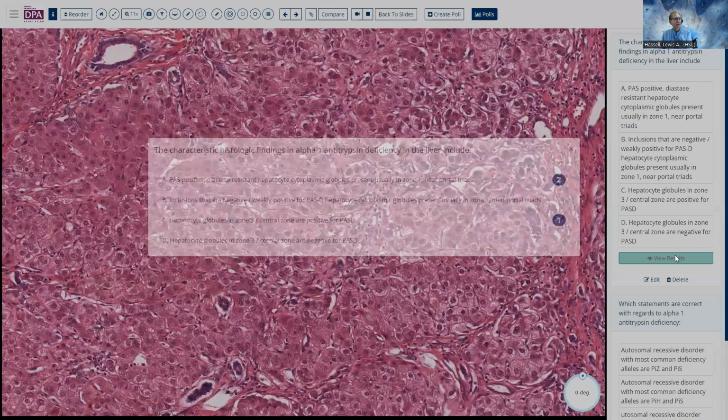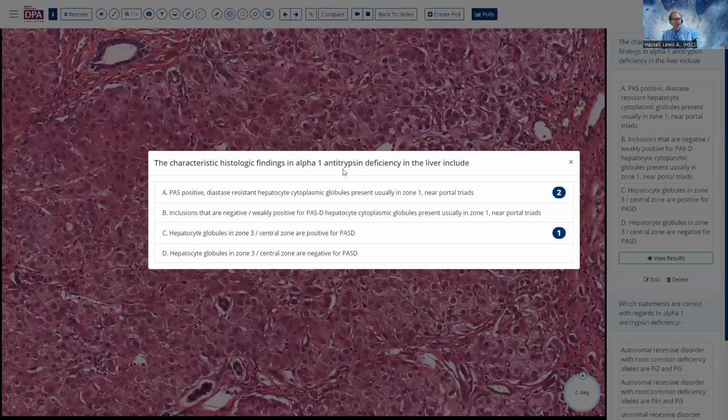So just a quick question on histologic findings in alpha-1 antitrypsin deficiency. The right answer here is this one: PAS positive diastase resistant cytoplasmic globules are present usually in zone 1, near the portal triads, so not zone 3.